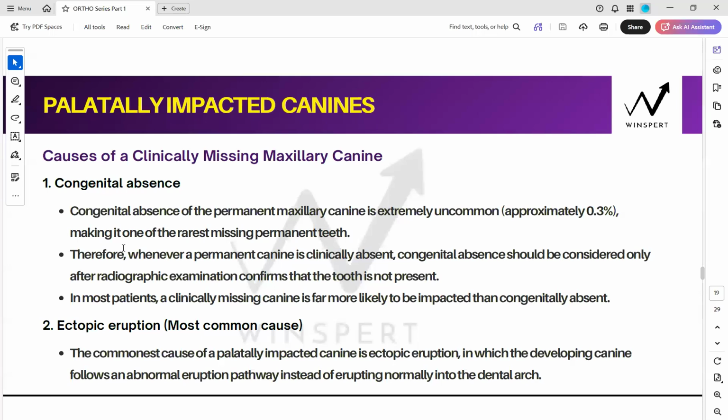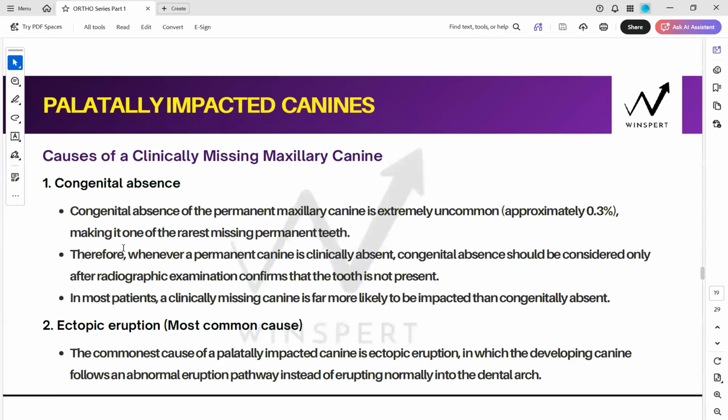Now, another important cause, which is the most common cause, is ectopic eruption. The commonest cause of a palatally impacted canine is ectopic eruption. Do you all agree with that? The commonest cause is an abnormal eruption pathway instead of erupting normally into the dental arch.